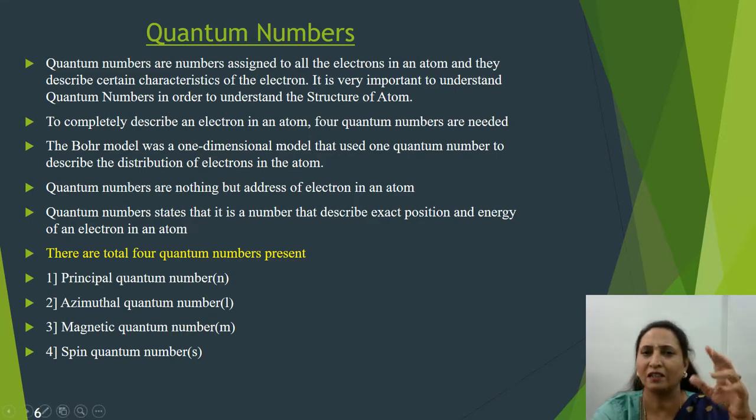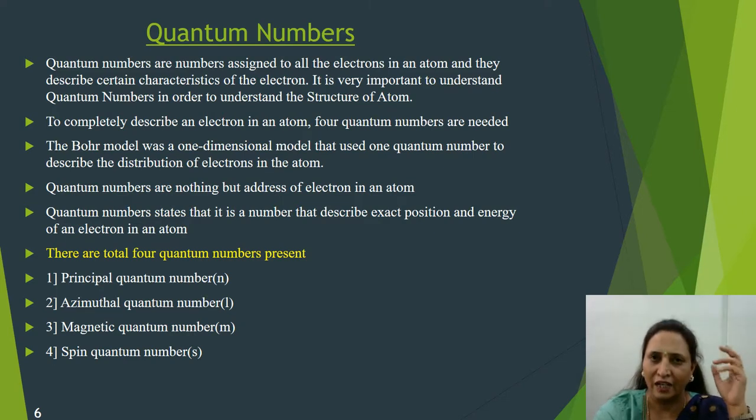To completely describe an electron in an atom, we require a total of 4 quantum numbers. So 4 quantum numbers are needed to describe electrons in an atom. Scientists use Bohr's atomic model to describe an electron with the help of these 4 quantum numbers, and its distribution in an atom.